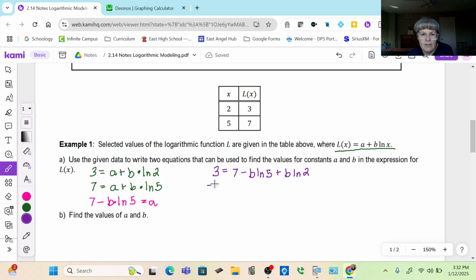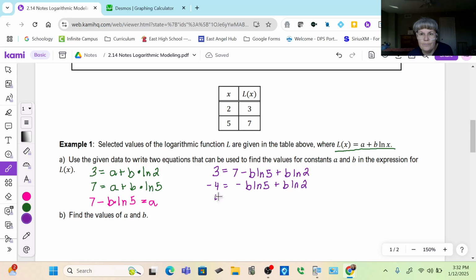So I'm going to have negative 4 equals negative b natural log of 5 plus b natural log of 2. And then I'm going to divide everything by negative 1 so that this becomes a positive 4.